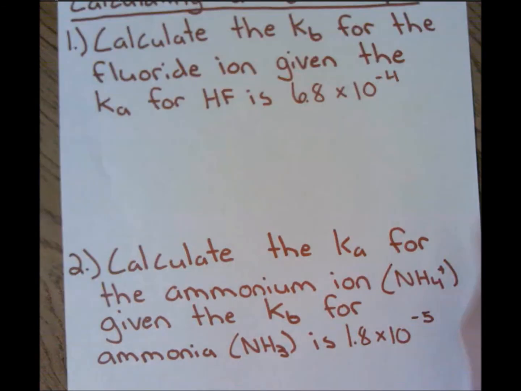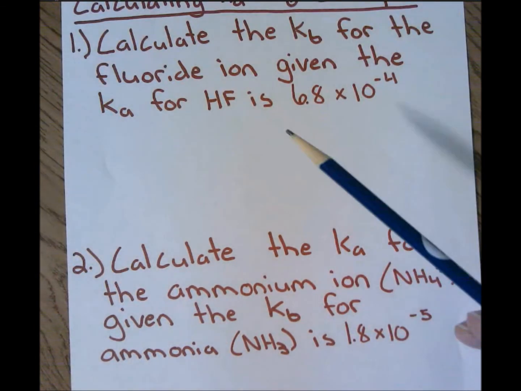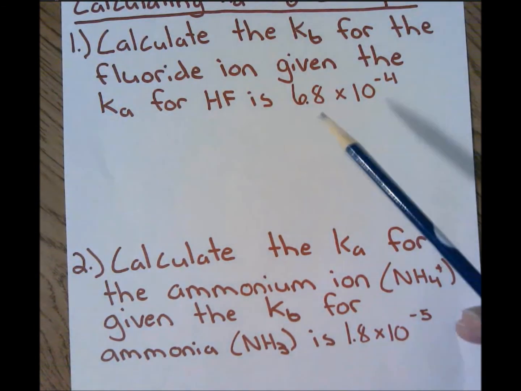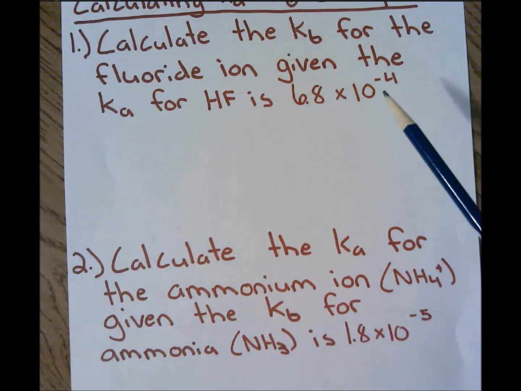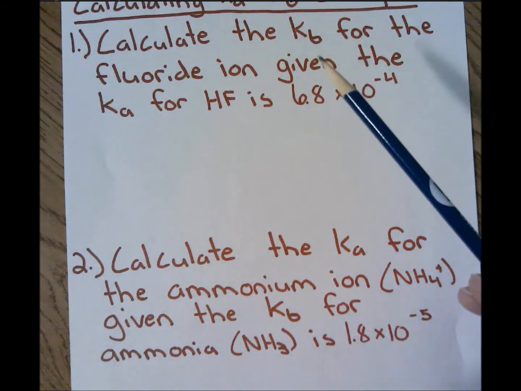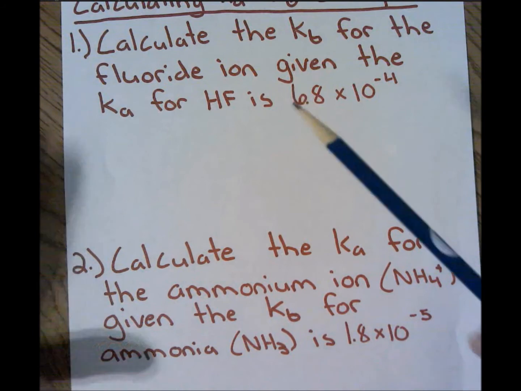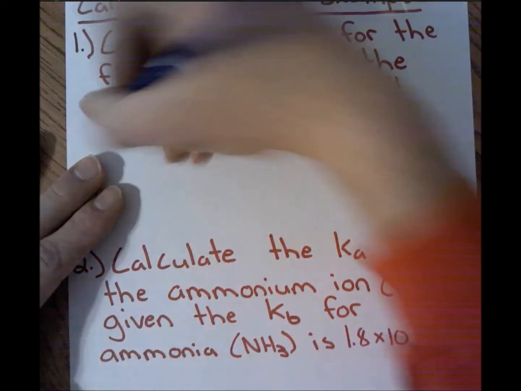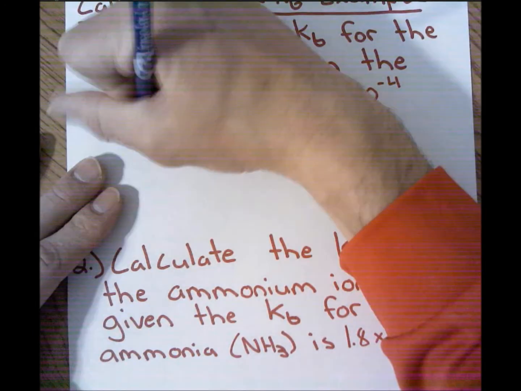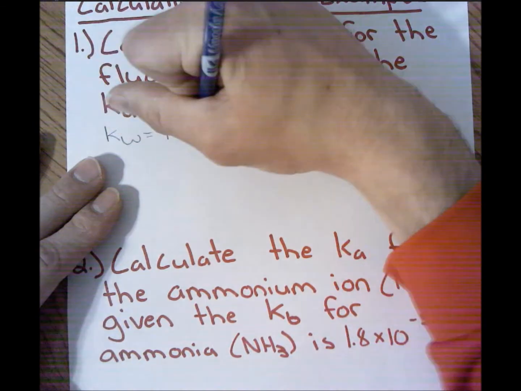We have the Ka given for HF of 6.8 times 10 to the negative 4th, and we want to find the Kb. Again, we start with our formula, Kw equals Ka times Kb.